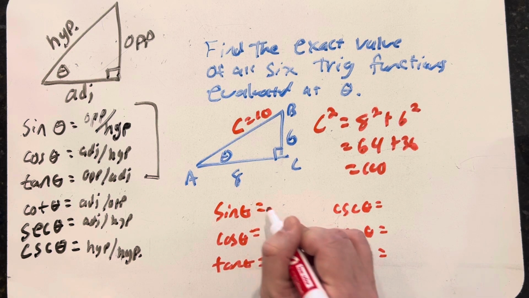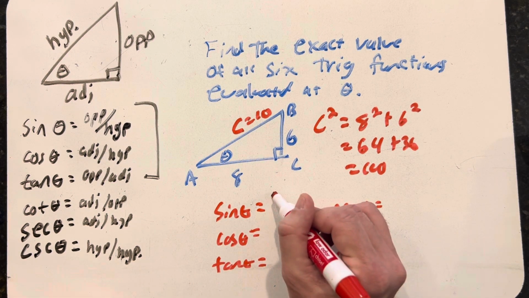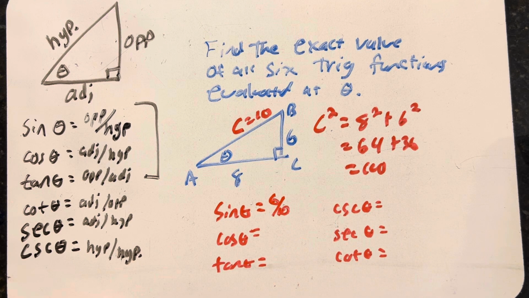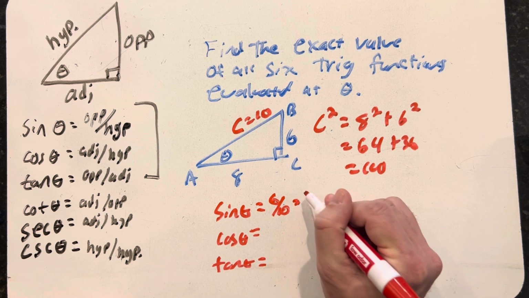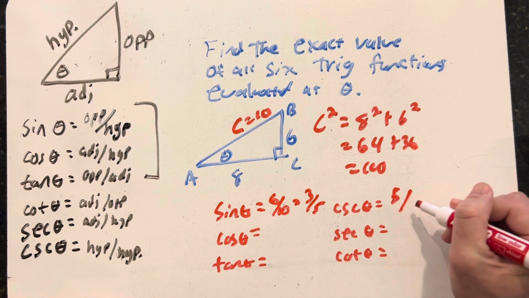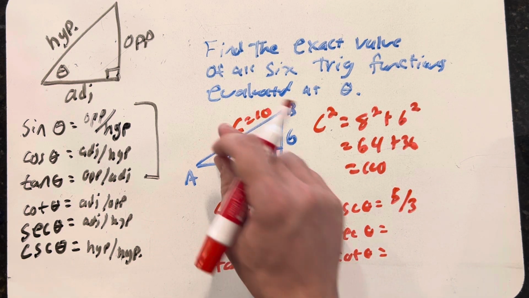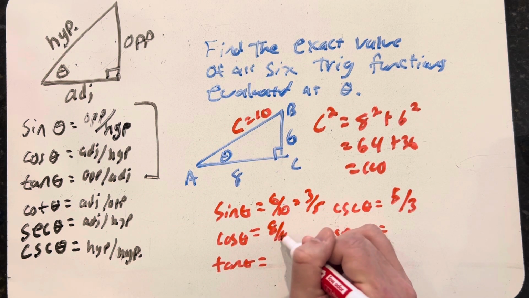All right, sine of theta, the opposite over the hypotenuse, is 6/10. Well, we'd never leave that written like that. Let's reduce that fraction to 3/5. And after I have sine, I know I can flip it upside down and make it into a cosecant, the reciprocal. All right, cosine, the adjacent over the hypotenuse, would be 8/10. But again, we're going to reduce that fraction.